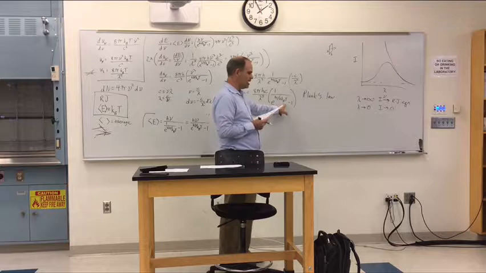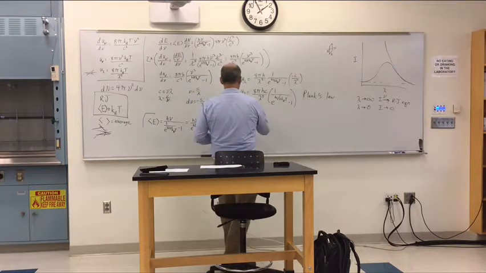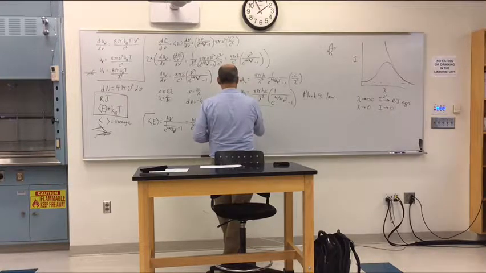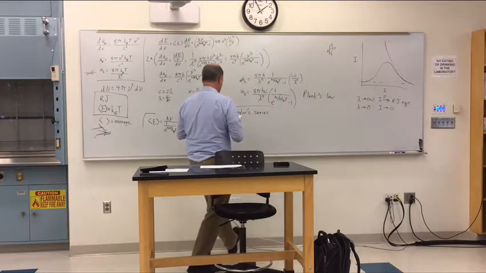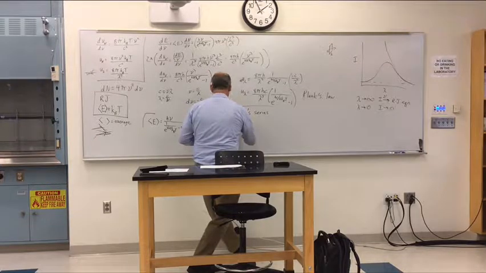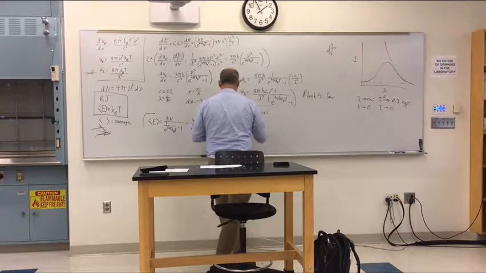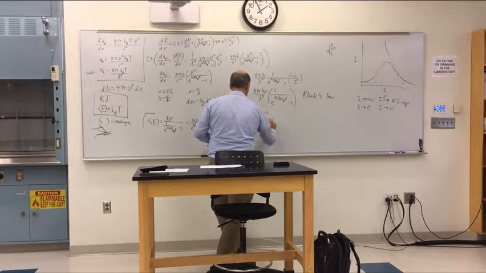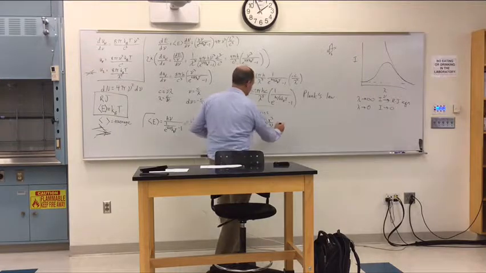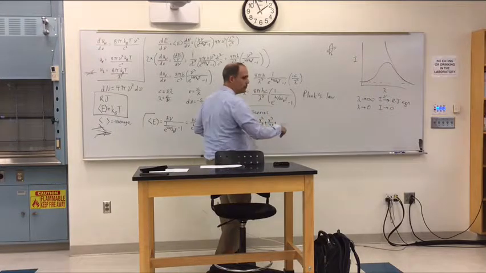We can use the Taylor series expansion, which is used to expand e to the x is equal to 1 plus x plus x squared over 2 factorial plus x to the third over 3 factorial plus dot dot dot. Right, keeps going out.